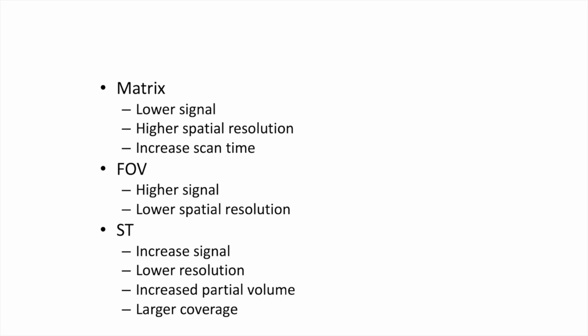A larger FOV with constant matrix size will result in high SNR and low spatial resolution. The slice thickness, if increased, will increase the signal and coverage at the expense of spatial resolution, and there is increased chances of partial volume effects.